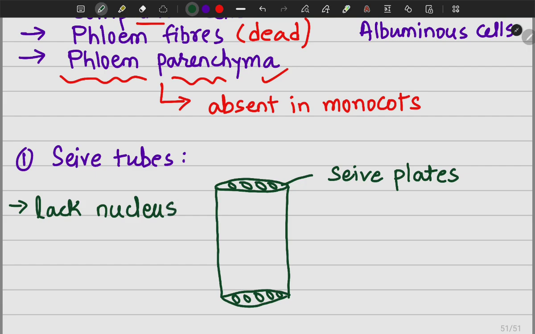So how are the different functions of the cells controlled if they lack nucleus?